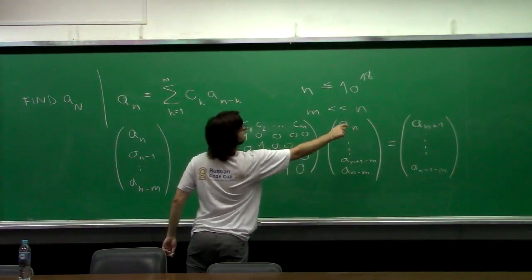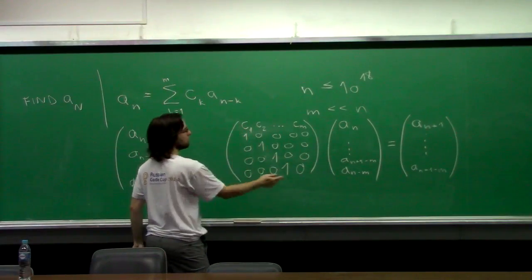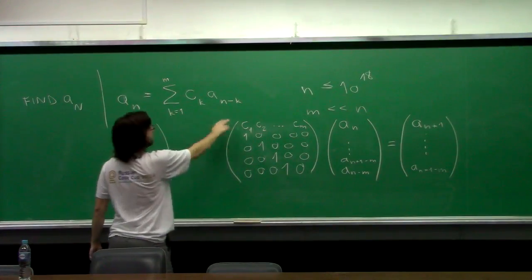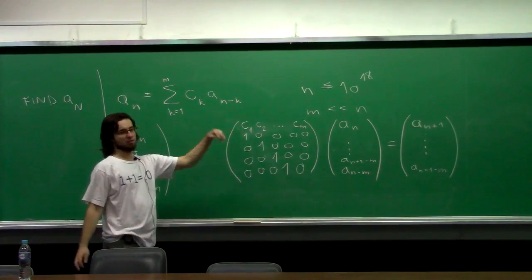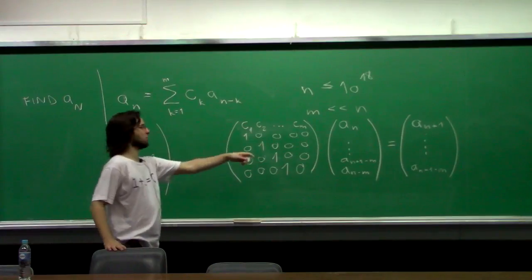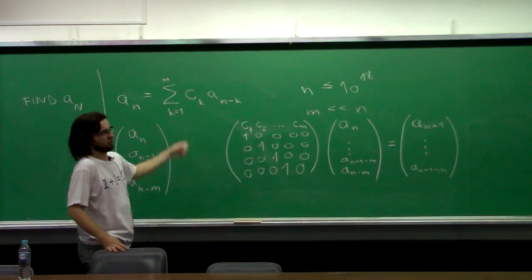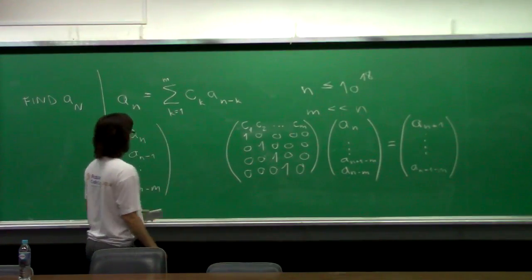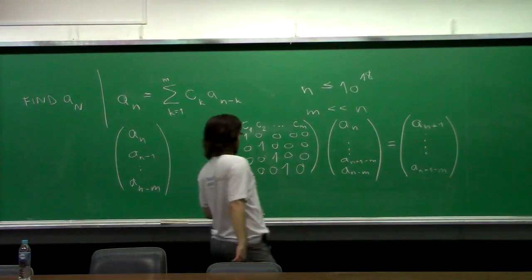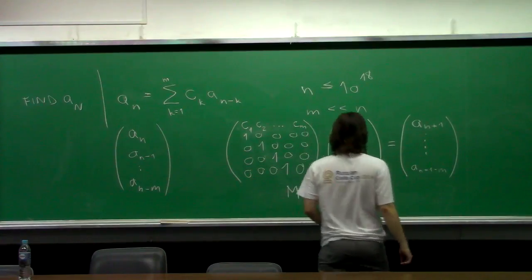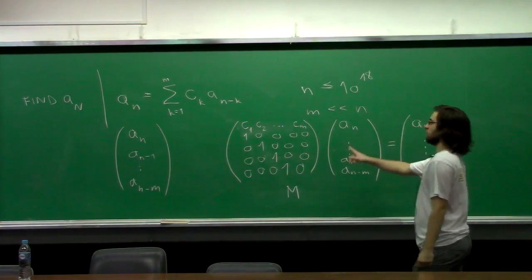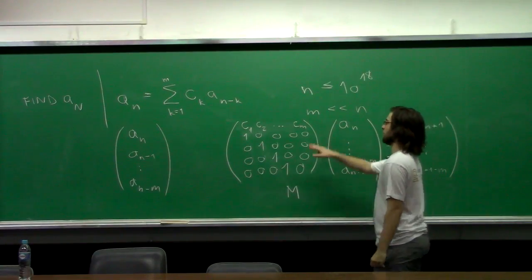So an plus 1 equals an times c1 plus an minus 1 times c2 plus an minus 2 times c3, and so on up to an minus m times cm, just like in this formula. This is pretty simple, not hard to figure out. We can denote this matrix by m. It's an m times m matrix. As I mentioned, m is small. For example, here we had m equal to 5.